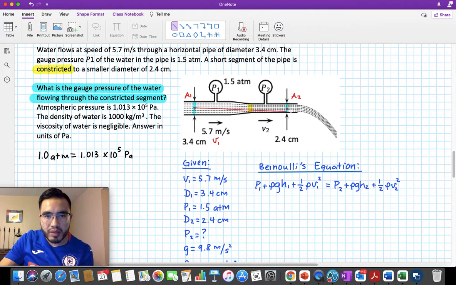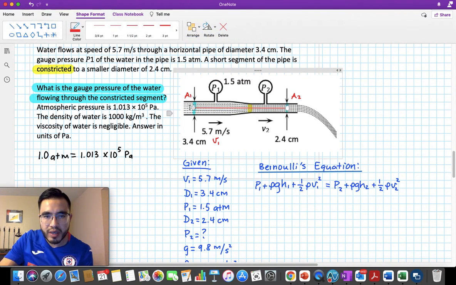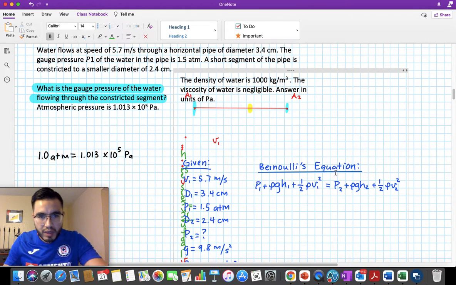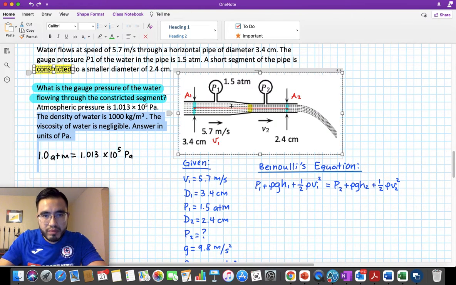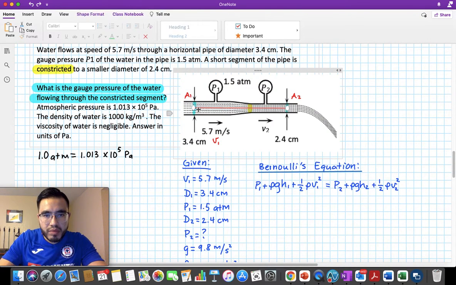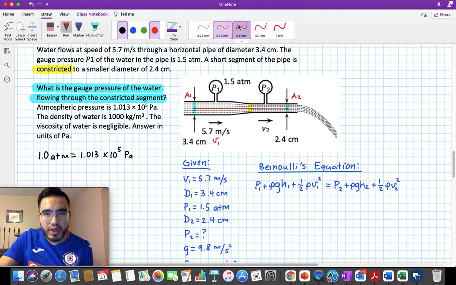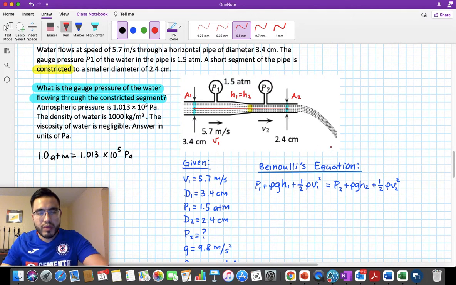The pipe is not changing height. Based on that, we can say that height 1 equals height 2.